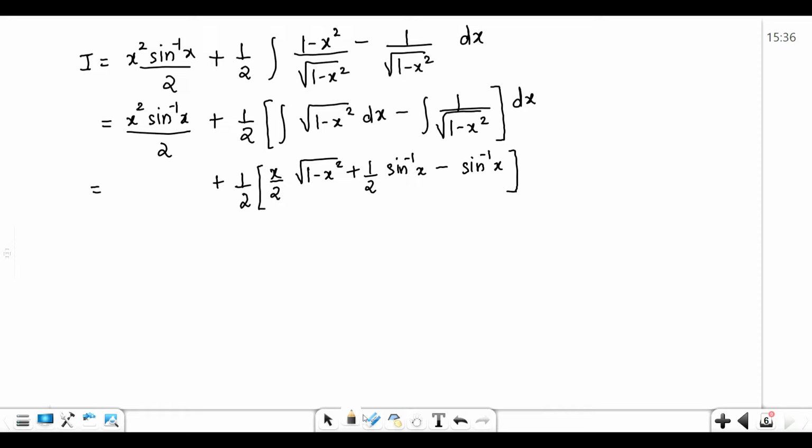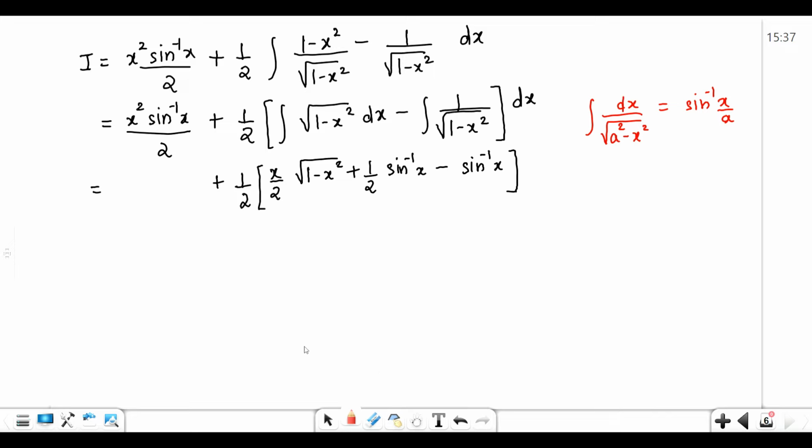Now I'll tell you the formula. What formula did we apply here? We have applied two formulas. First, integration of 1 upon square root of a square minus x square is nothing but sine inverse of x upon a. This is your first formula.